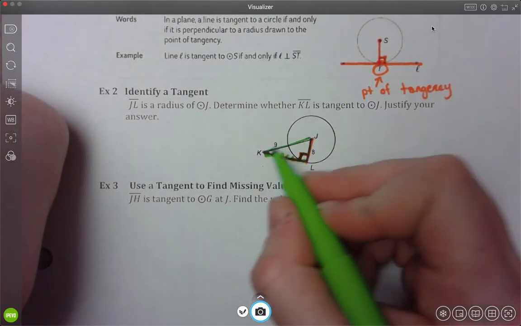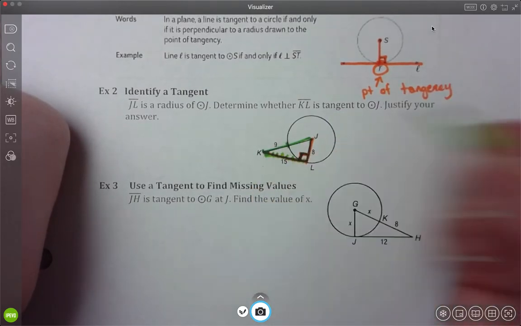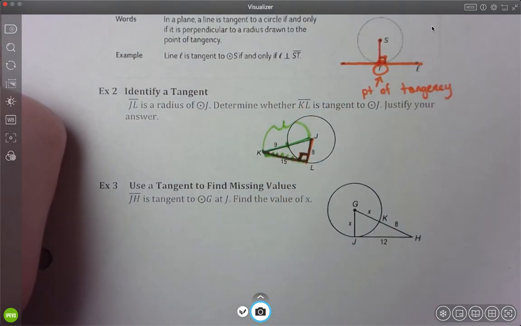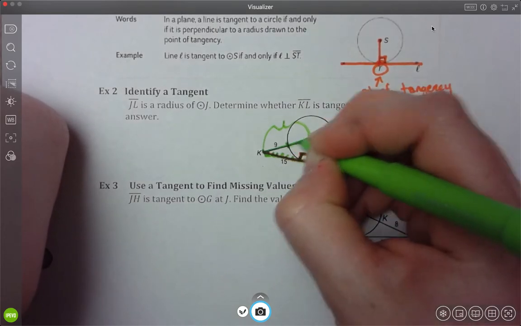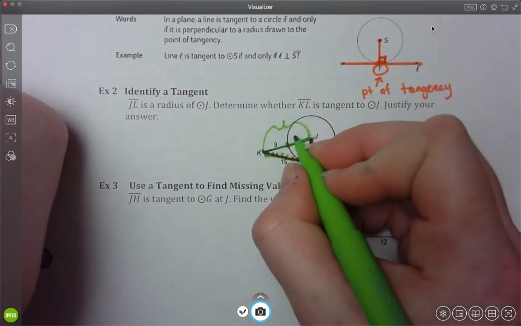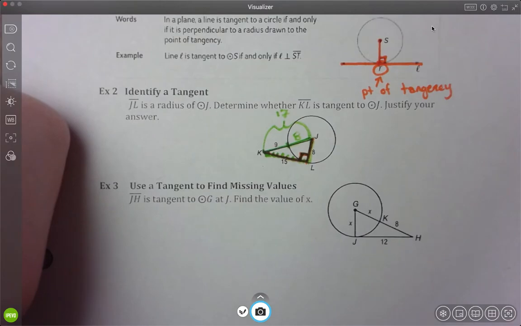So the thing that they try to trick you with here, though, is 9 is only going from here to here. Okay, so what would the whole entire length be from here to here? If I'm looking at this being 8, then that means this is also 8, because that's just another radius, right? Those are both the same length. So this is 8 and this is 8, meaning the whole length there is 17, okay?